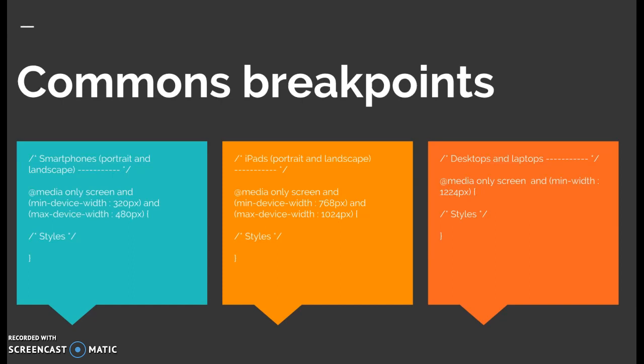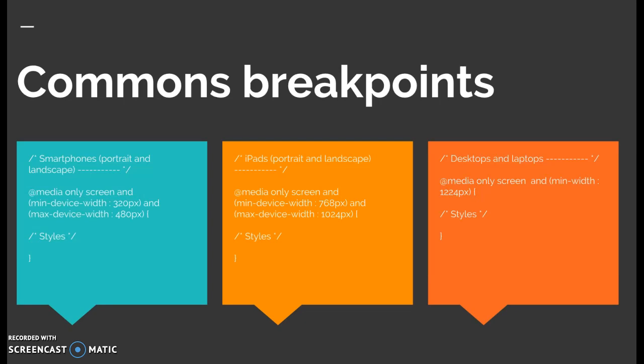In this example on the screen, you can see the iPads start after 768 pixels. So you are saying that between 768 pixels and 1024 pixels, you want to change that image width size. In the styles inside this breakpoint, you say the width of this image changes to 70%.